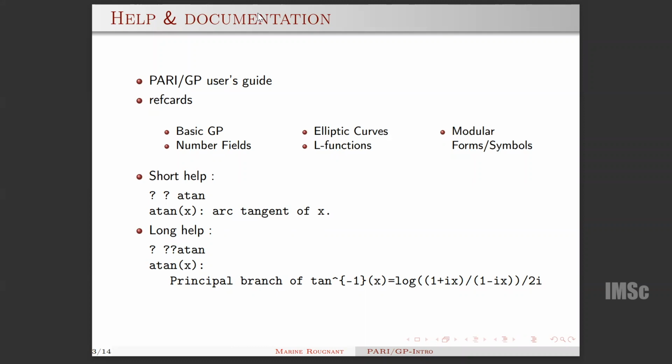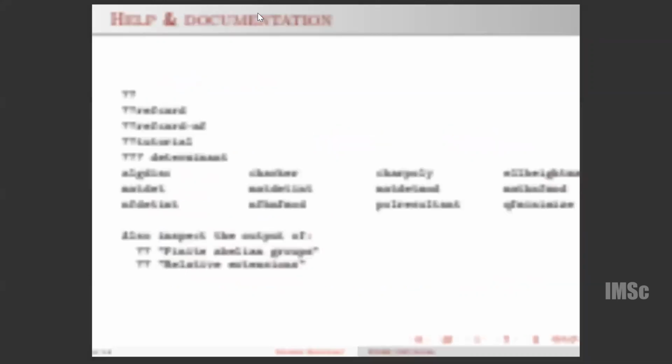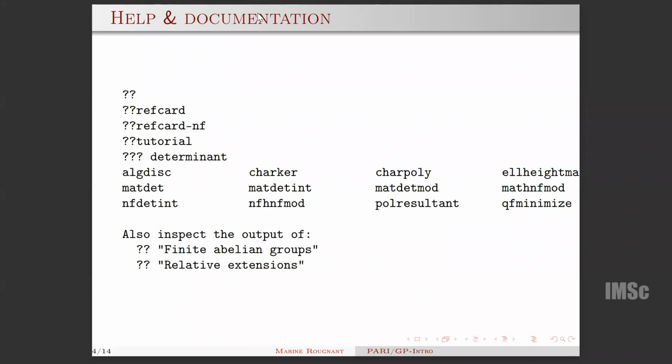And you can also find this user guide and the ref card inside the directory where you have all the PARI-GP files. There is a documentation directory. I don't really remember the full name, but it's about documentation. You can also access the ref card directly from the software.